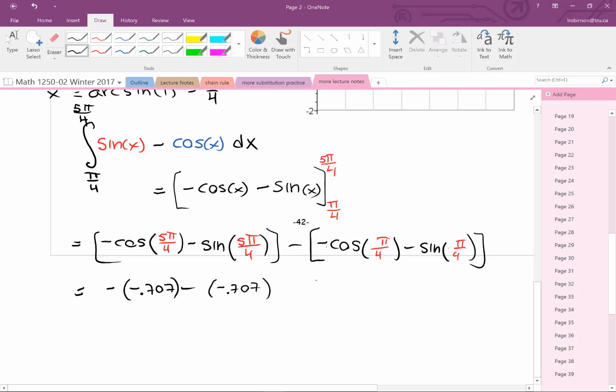Okay, and then minus and minus is going to be a plus, and then the cosine of pi over 4 is plus 0.707. And then minus a minus is a plus 0.707.